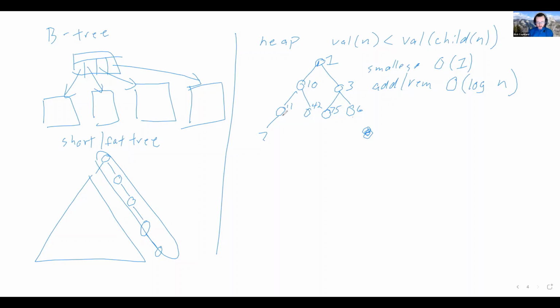So it'll actually swap these values, and then I get a 7 and an 11 down here. Then it looks at these and says, oh, you violated this again, so it has to swap it again. So now the 7 is up here and this becomes a 10.